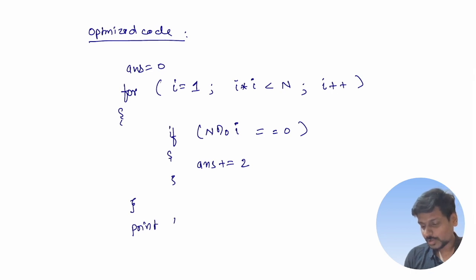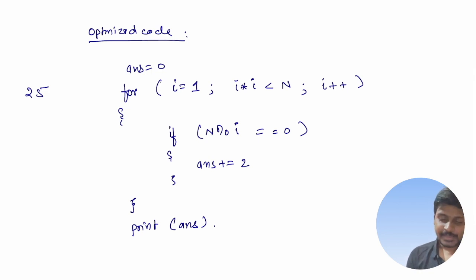So we have just modified our code, but there will be one problem that you will be facing, right? What about a perfect square? For example, for 25 it is 5 into 5, and in this case we will be counting it twice, right? So we have to modify it slightly to handle this case.